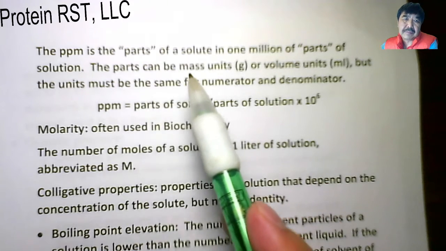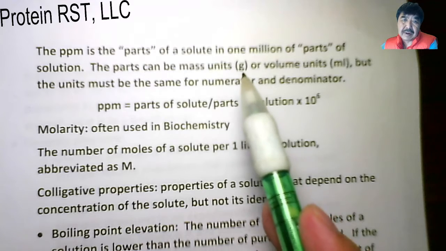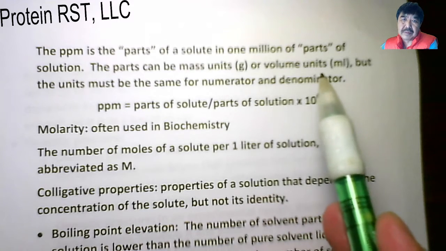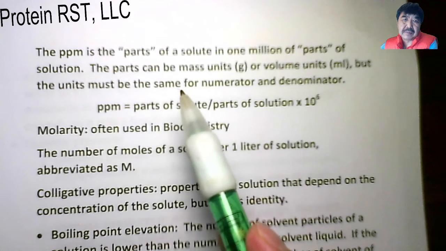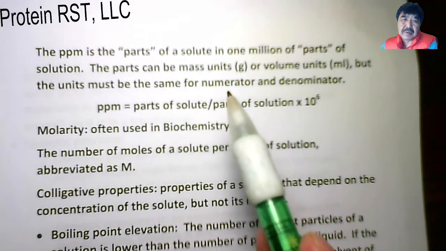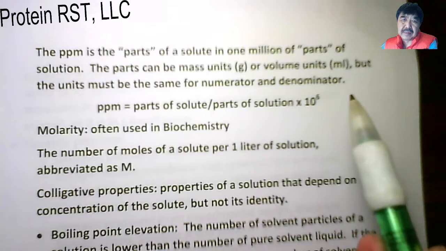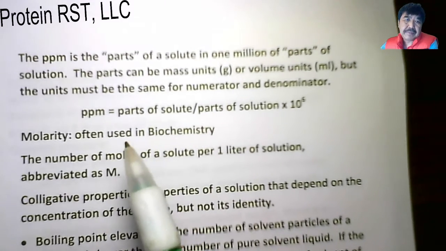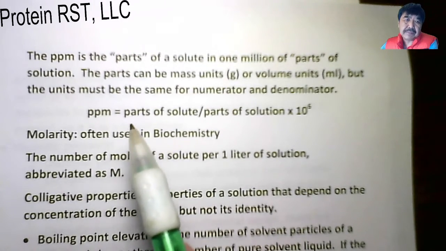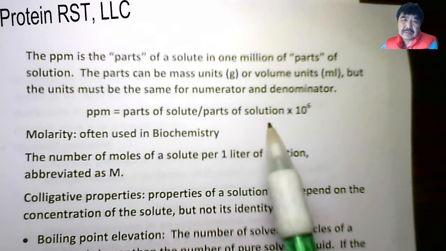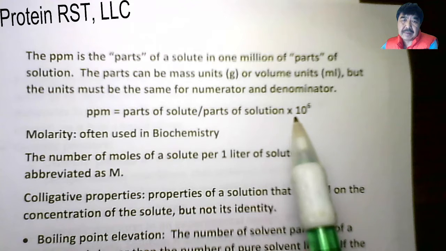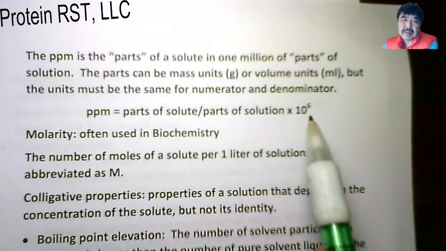The parts can be mass units, grams, or volume units, milliliters, but the units must be the same for numerator and denominator. ppm, this is the equation: ppm equals parts of the solute divided by the parts of a solution, multiplied by a million, 10 to the order of 6.